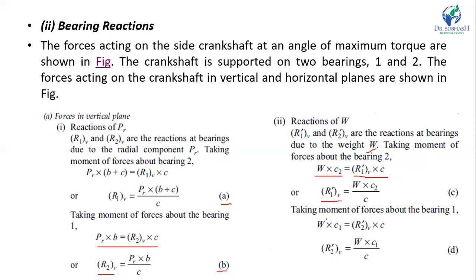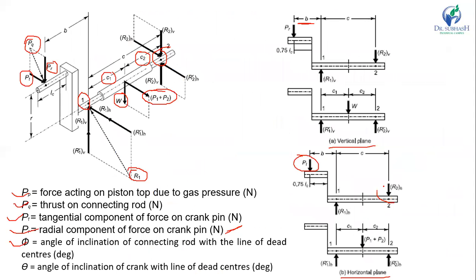Now take the moment of forces about bearing 1. R2 dash V into C is equal to W into C1.